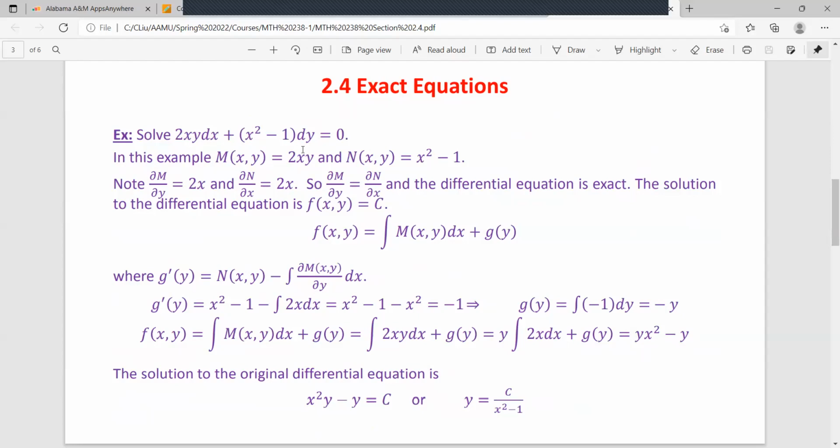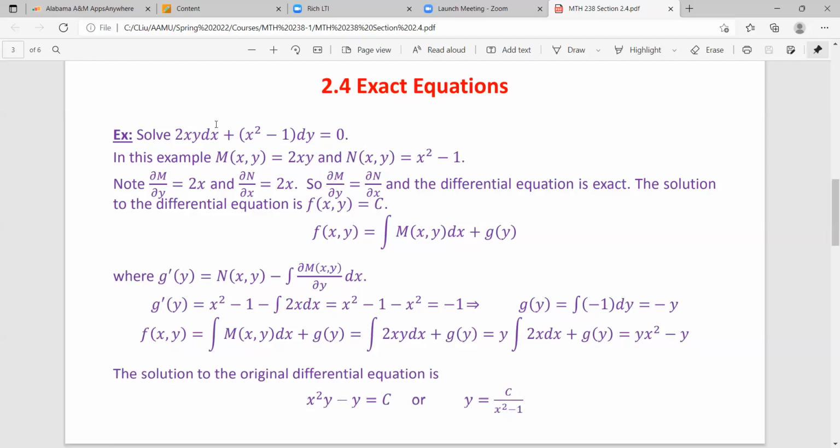So let's see whether this equation is exact or not. First, you have to find out whether the equation is exact, then you can proceed. If it is indeed exact, then we can proceed with the steps on the previous page to find the solution.